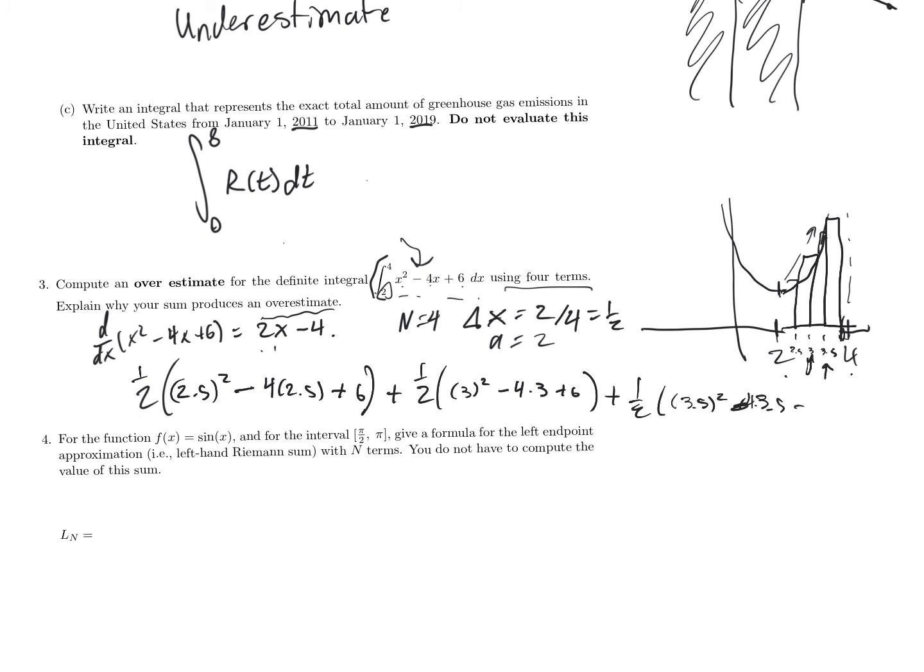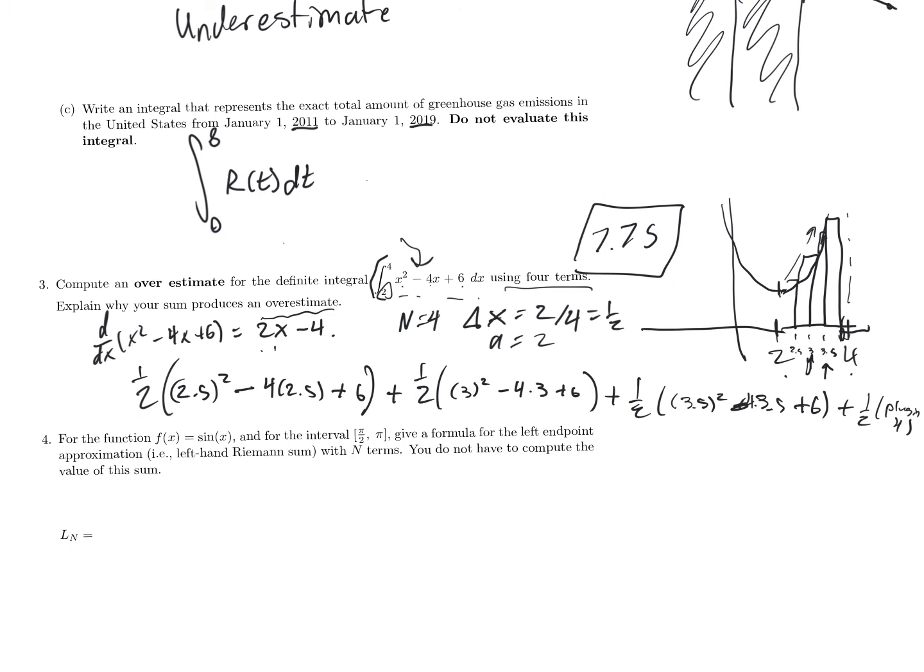Oops, that's a minus. Plus 6. And one more. I can't even fit it in. I'm just going to say plug in 4. And if you do all of it and put it in your calculator, you're going to find that an overestimate comes to 7.75.